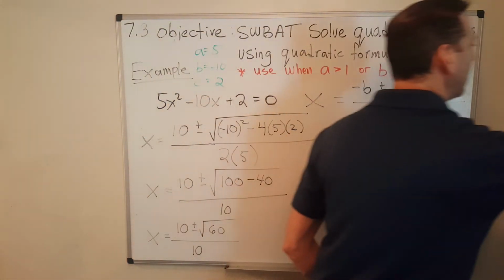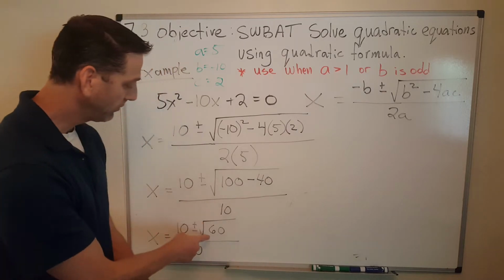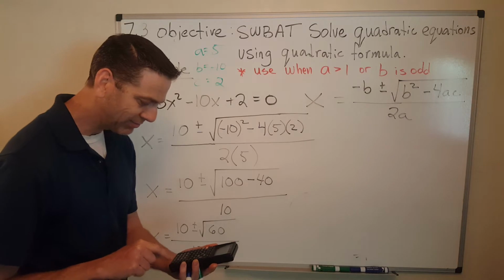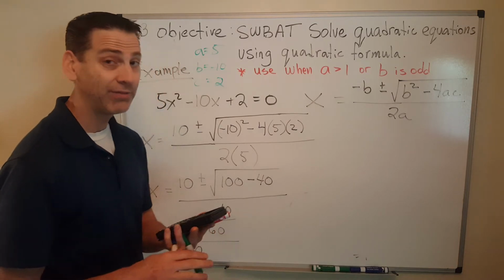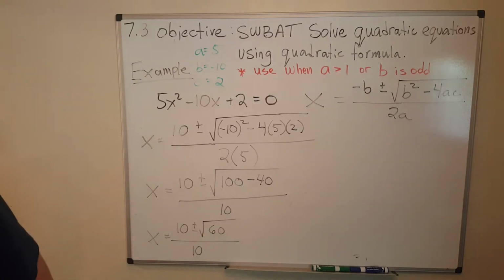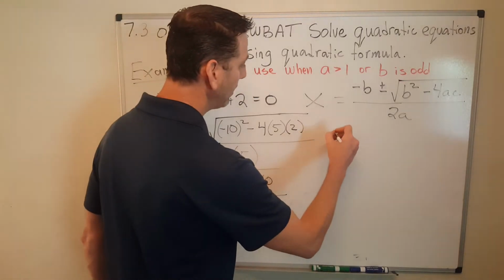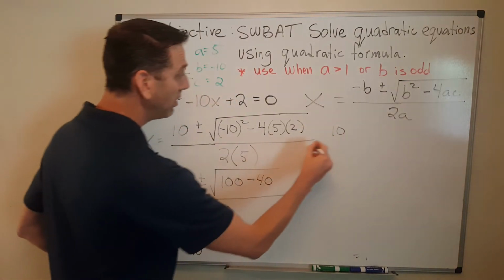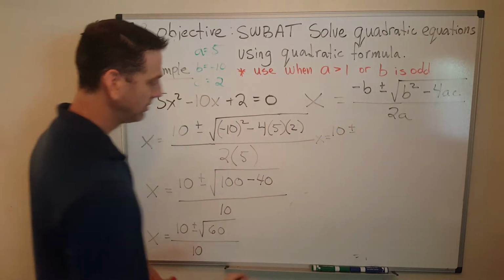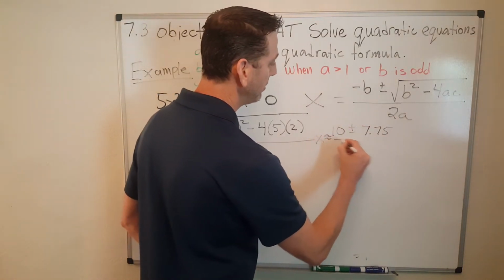In fact, let's go ahead and do that. The square root of 60 is approximately 7.75. What that's saying is that x equals 10 plus or minus 7.75, approximately, all over 10.